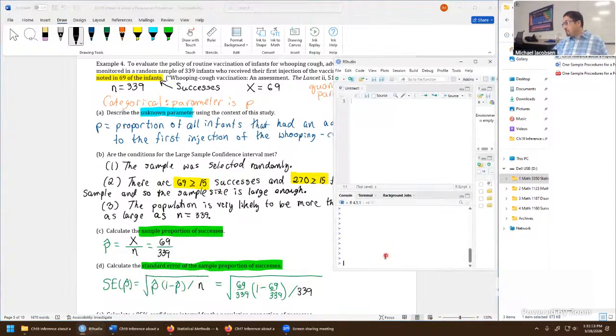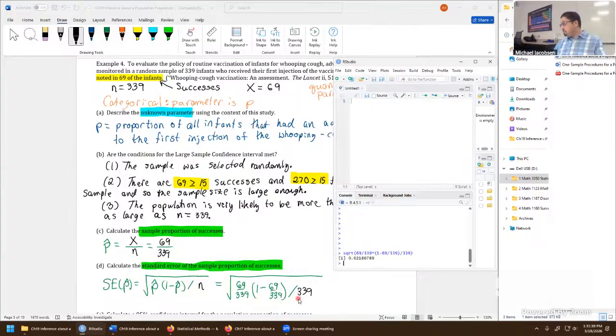So let's get our number. This is going to be SQRT if you're using R, 69 over 339 times. In R, you have to put in that strict multiplication. Most graphing calculators, a parenthesis implies multiplication. 1 minus 69 over 339, divided by 339.